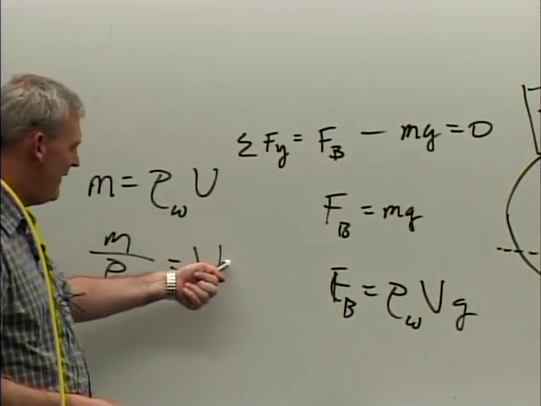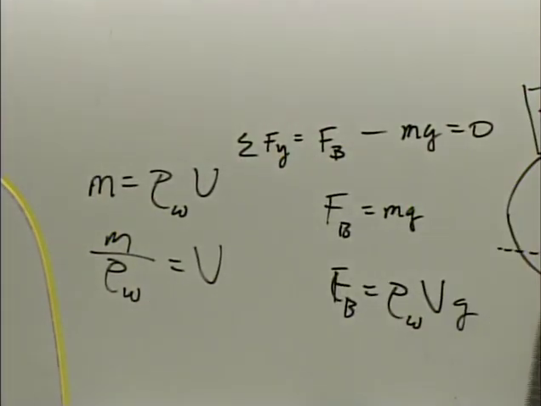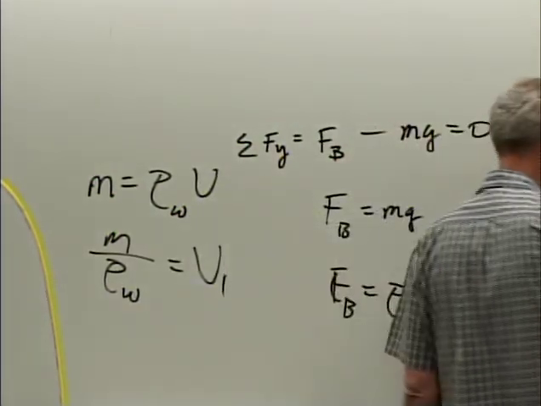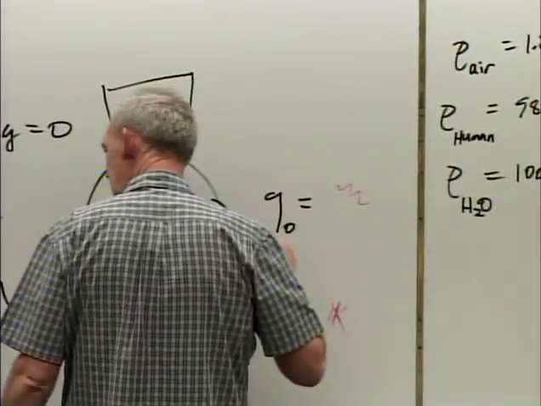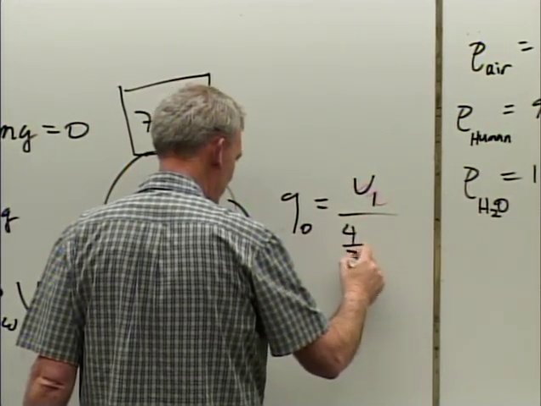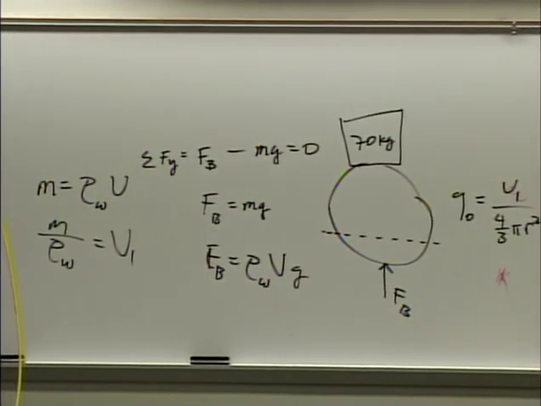So you'd figure out this volume right here. Let's say this is volume 1. So the percentage submerged would be volume 1 divided by 4/3 pi r cubed, if r is given. Okay?